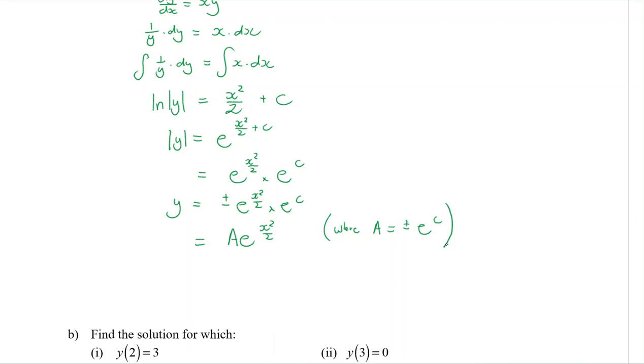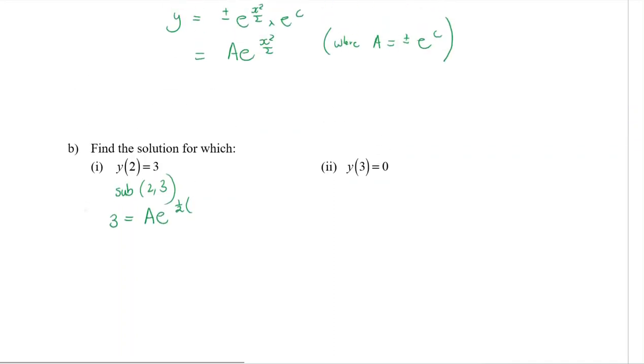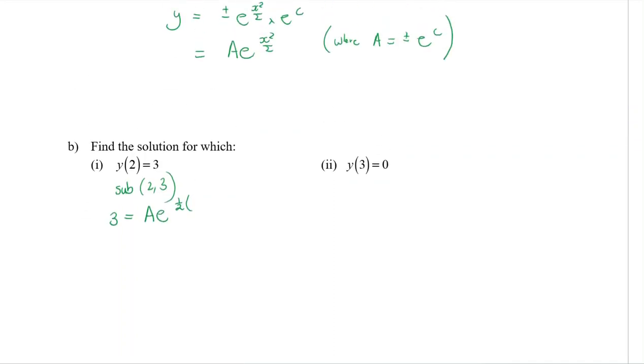Okay, so now we just have to find the solutions given this information. Find the solution curve. Sub in the point, x is 2, y is 3, and we would get 3 equals ae to the 2 squared over 2.